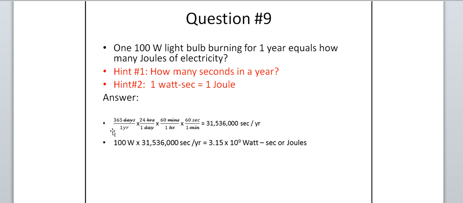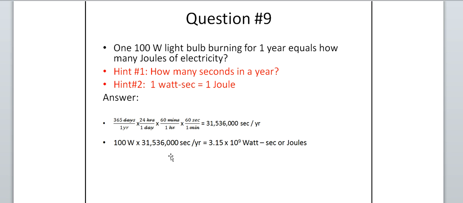We converted 365 days in 1 year, are equal to 1 year. We converted that to hours, to minutes, and then to seconds by using these conversion factors. You can see the units canceling out, and you arrive at 31.5 million seconds.